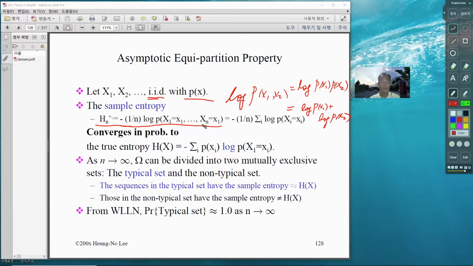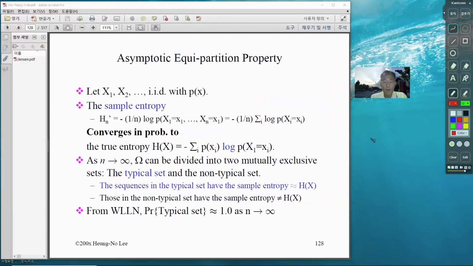If we do that for n IID random variables, that is nothing but the summation over i running from 1 to n of the log of each individual one, log of p of xi.